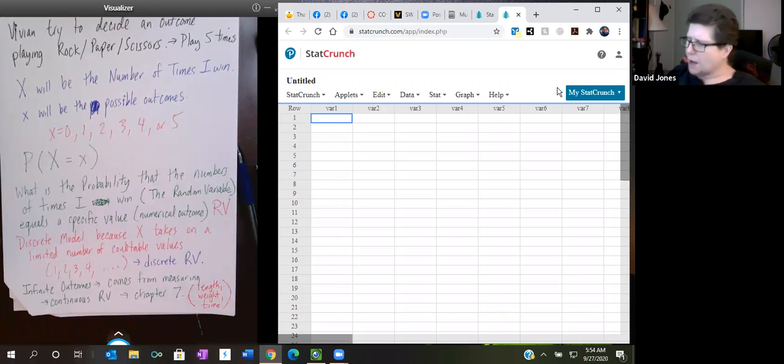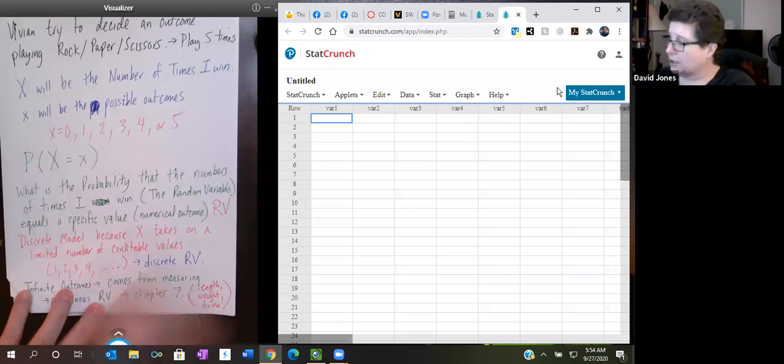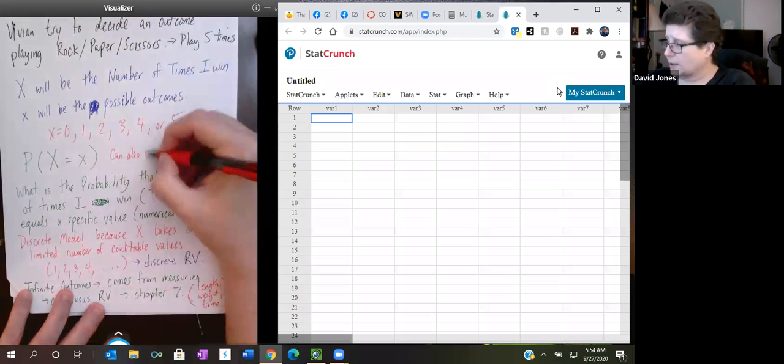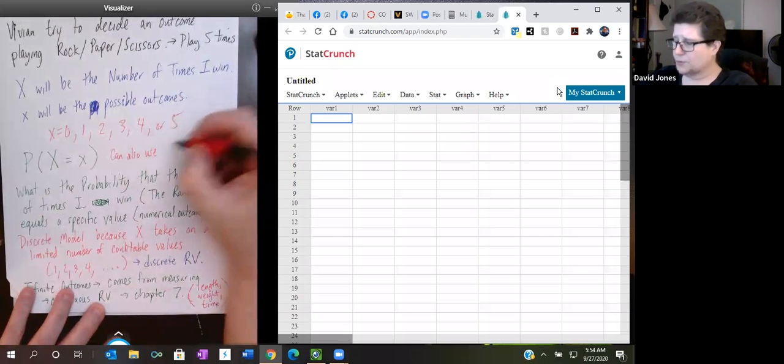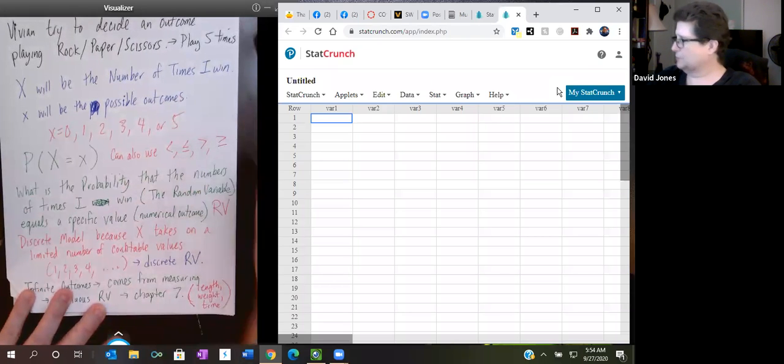Now I said the probability that our random variable x equals a specific value, lowercase x. But we're not limited to the equal sign. We can also use our inequality symbols. We could have less than or equal to, greater than or equal to.